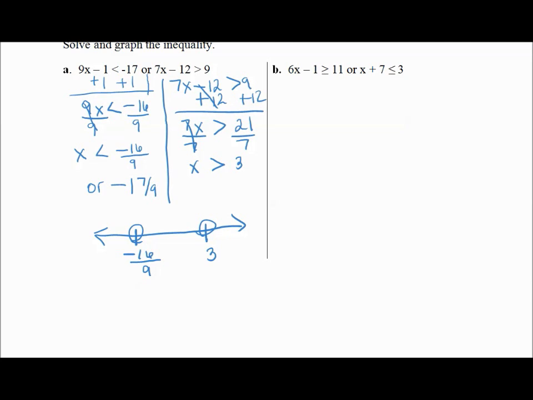On the left, I have x less than negative 16 over 9, everything less than to the left. On the other side, I have x greater than 3, everything greater than 3 is to the right. That's my final answer.